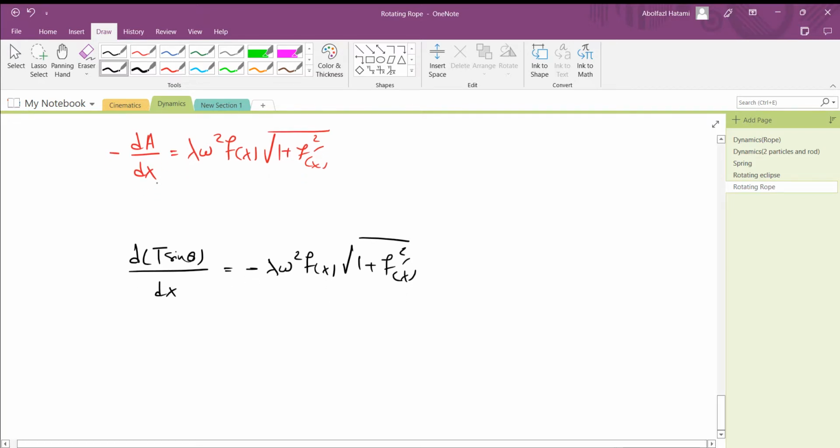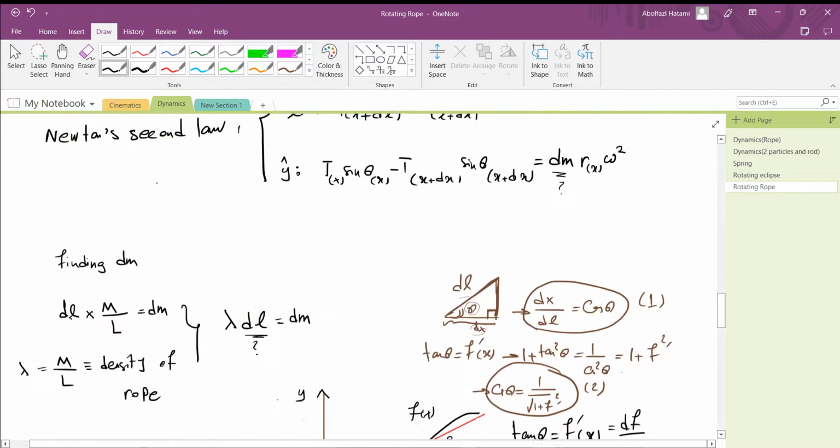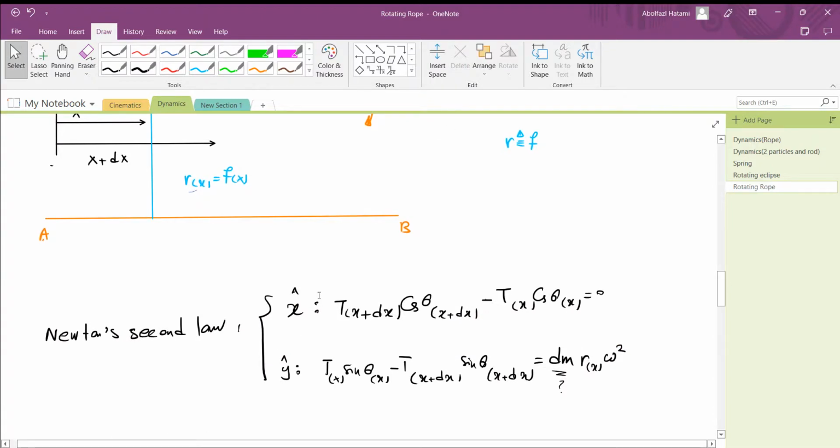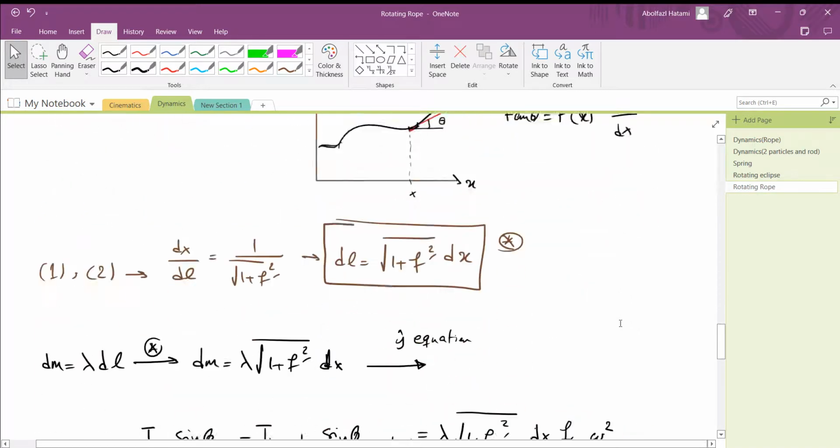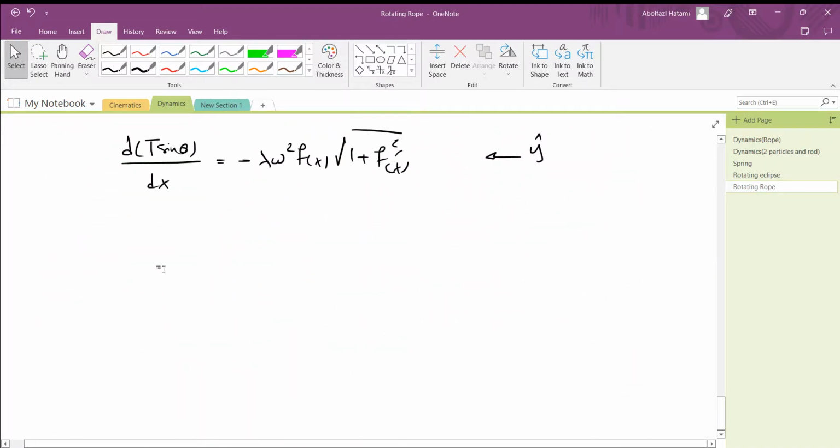So we obtained this equation. It is the y hat equation, and the x hat equation was just this.